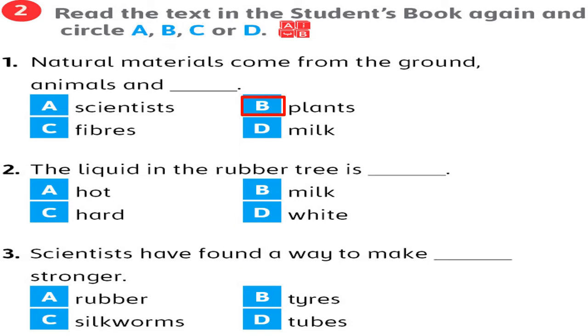The liquid in the rubber tree is hot, hard, milk, or white? White. Number 3. Scientists have found a way to make rubber or silkworms or tires or tubes stronger. Rubber.